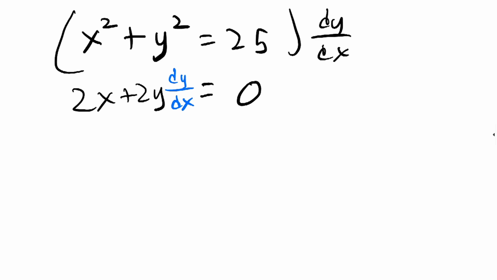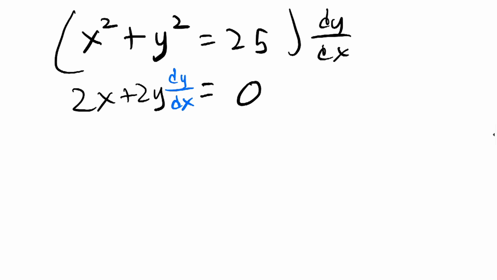And that's really important. You can think of it like this: anytime you have a y, any derivative you take, just multiply by dy/dx. And trust me, that's the simplest way you can go about this. And all you have to do from here is now solve for dy/dx.